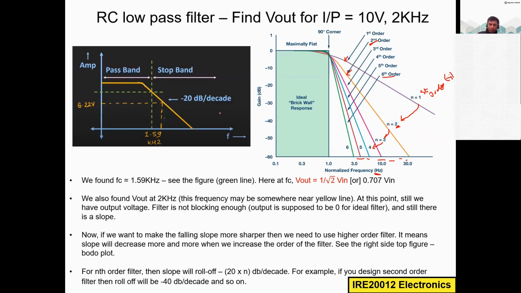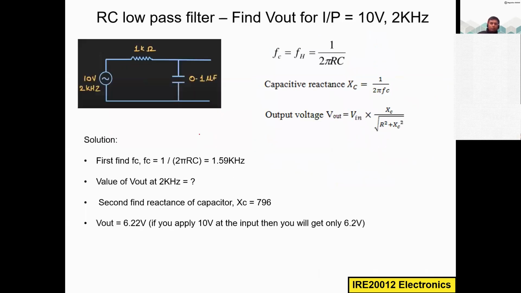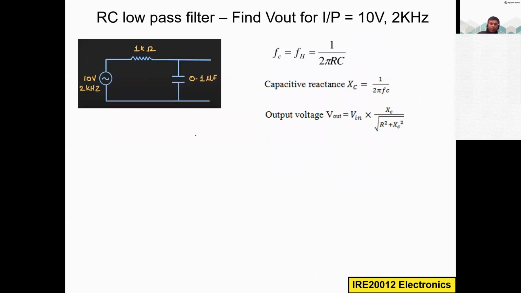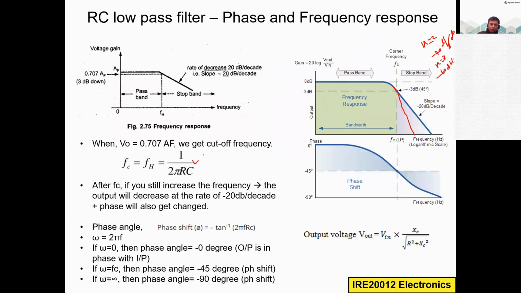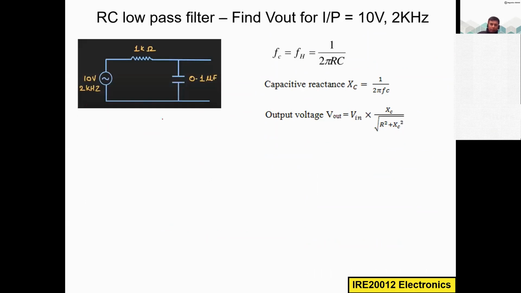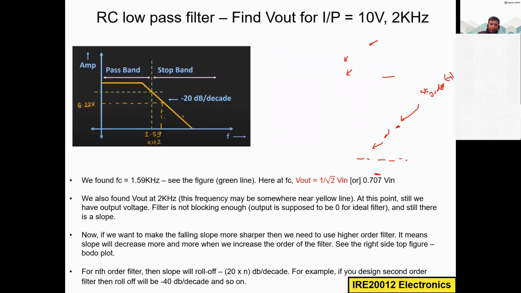So now please try to understand the theory and some practical filter design. We have seen how the filter works and what the formulas are. When we talk about practical values, you can easily apply this in the frequency response, and you can see that even after the cutoff frequency, the output is not 0.